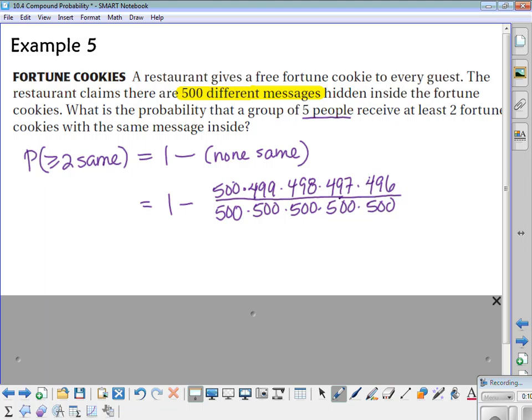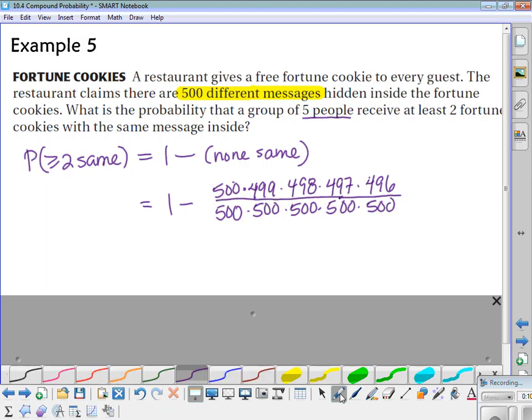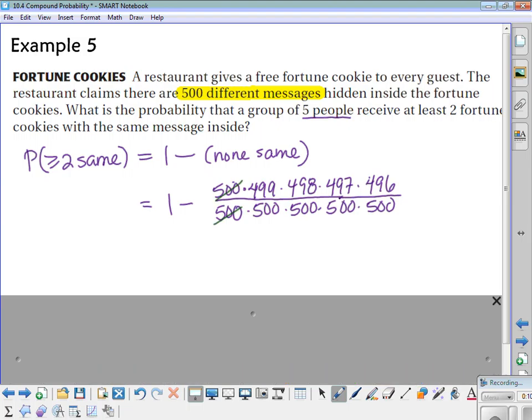The top is none of them are the same out of all the possibilities. So go ahead and, well, we can reduce the 500s. In your calculators now, go ahead and multiply 499 times 498 times 497 times 496, and then divide it by 500 to the 4th power and see what you get. Go ahead and give it to me to 4 decimal places.